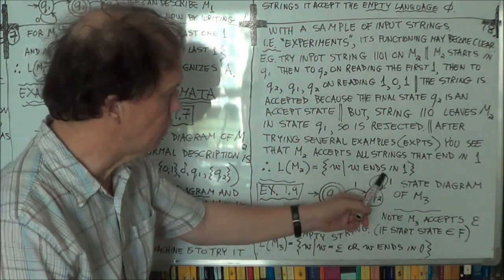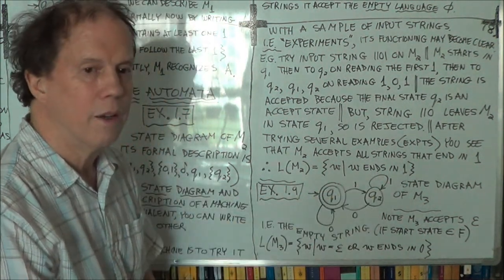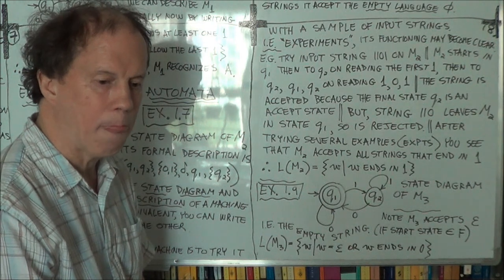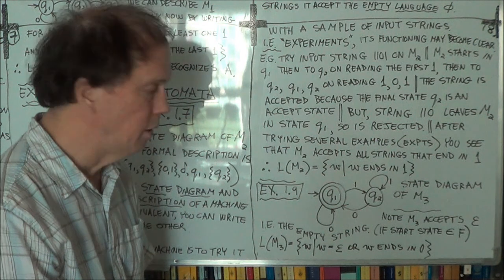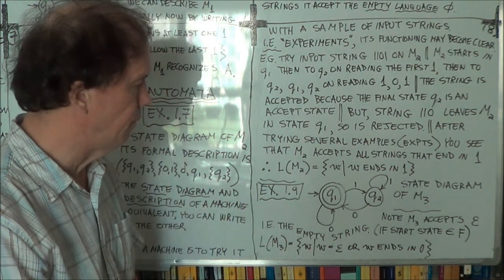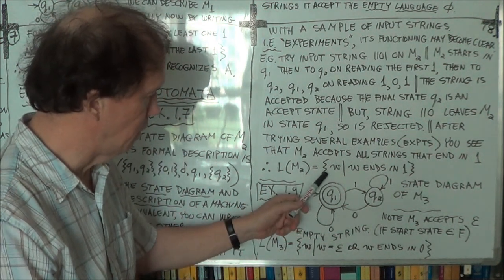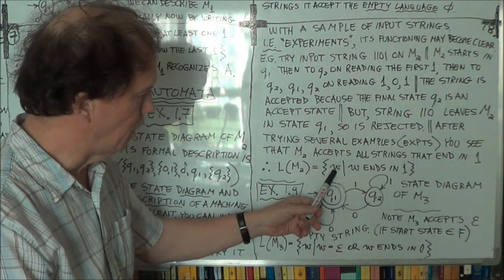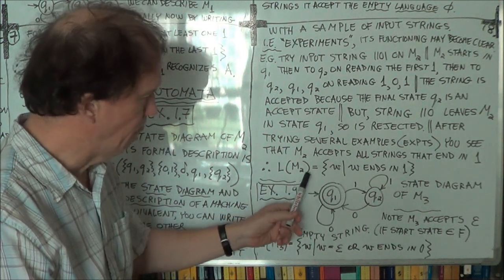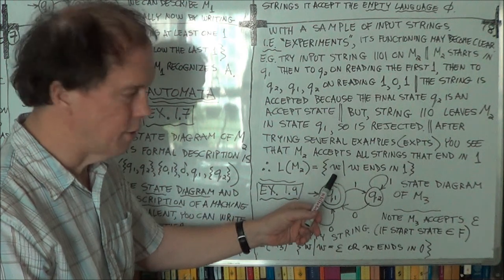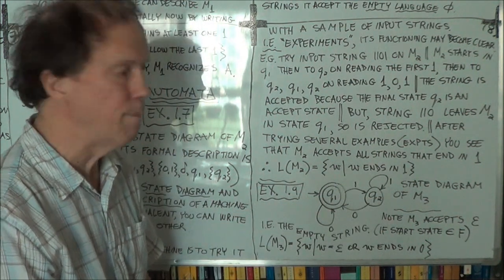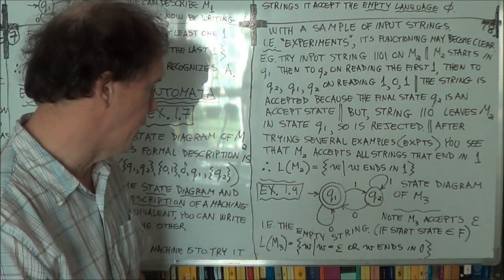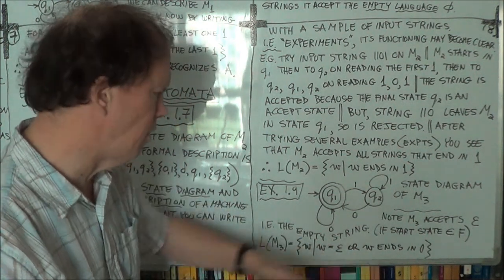So that's your classification rule for the input strings that are accepted by M2. The language of M2 are those input strings whose last symbol is 1. Okay? Alright, now here's another example.